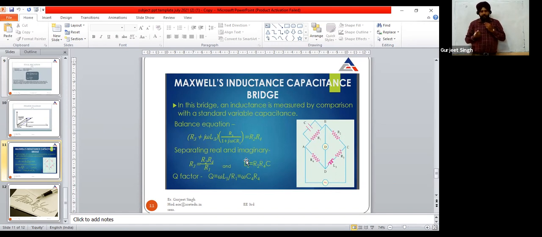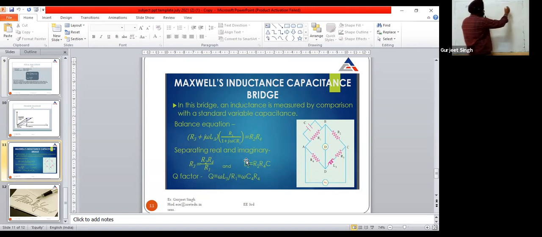This is an AC bridge, used to find the value of the inductance. In this bridge, we find the inductance by comparing it with the known capacitor. Then you say that it consists of 4 arms: the first arm has a resistance and capacitor in parallel, the second arm has only resistance R2, then resistance R3, then we have LX and RX.